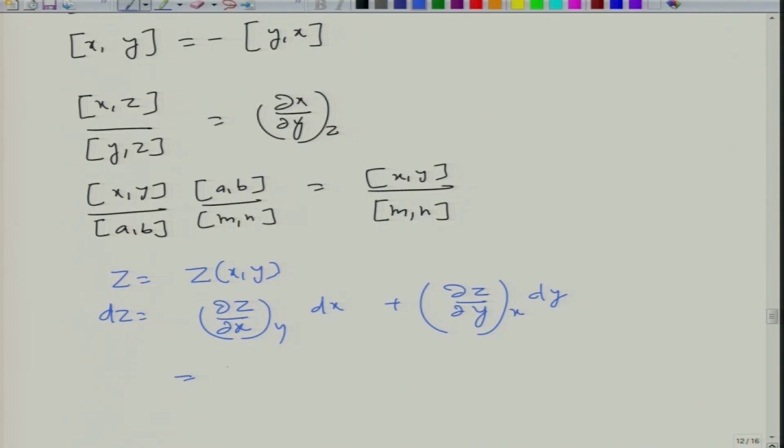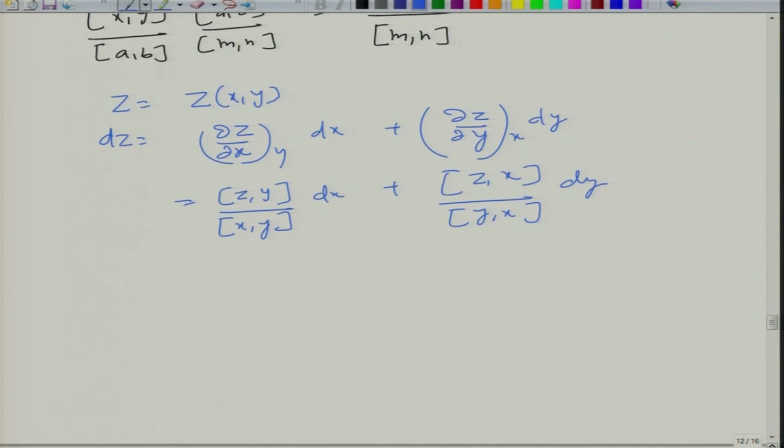So this is nothing but ∂(z,y)/∂(x,y), where y is basically kept constant, dx plus ∂(z,x)/∂(y,x) dy. Here of course we know that ∂(x,y) is nothing but minus ∂(y,x), so hence if I multiply this by ∂(x,y), I get ∂(z,y) dx minus ∂(z,x) dy.